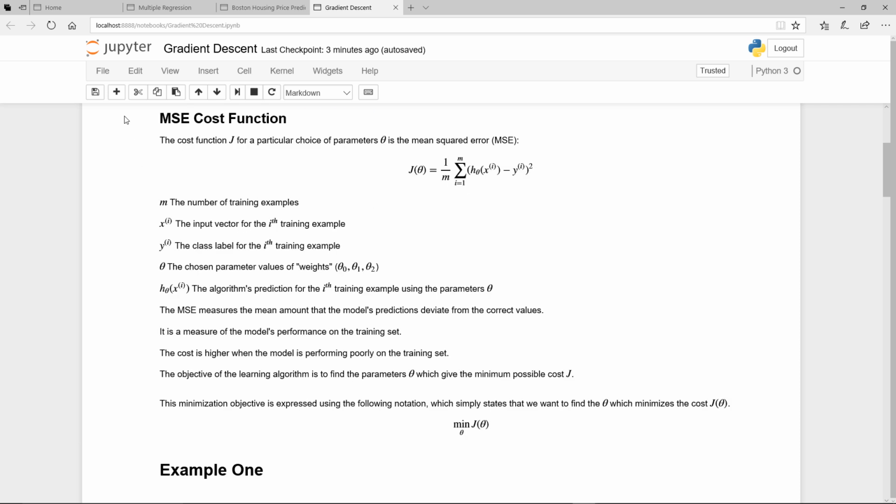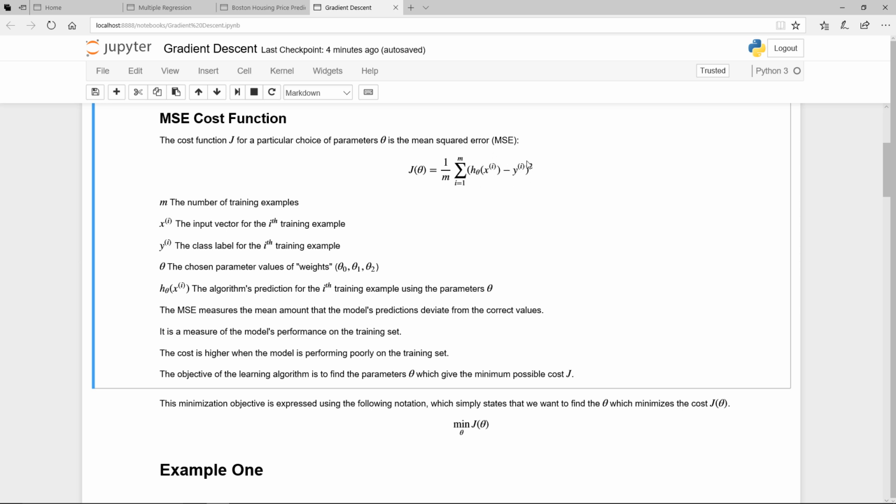So let's walk through the mean square error cost function. This is what is used to calculate your estimates, and this is what it looks like. At the core of the mean square error, you have the algorithmic prediction for the ith training example using the parameter theta, and this is what we observe. So you have this term minus the actual.